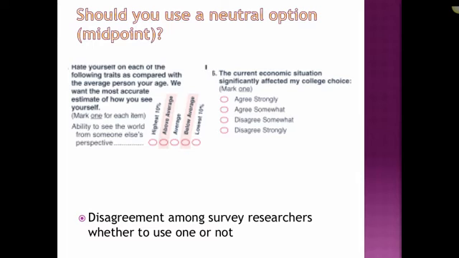These 2 examples are from the National Study of Student Engagement, one of their surveys, and they used midpoints on items like the one on the left, and then they didn't use midpoints on items like the one on the right. So really there's no consensus among survey researchers whether or not a midpoint should be used. It's your judgment as a researcher whether or not you want to use a midpoint if you're using scales.